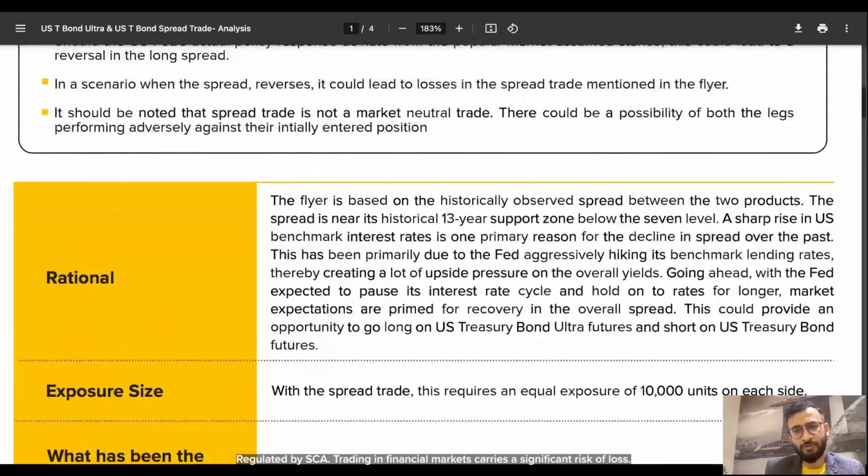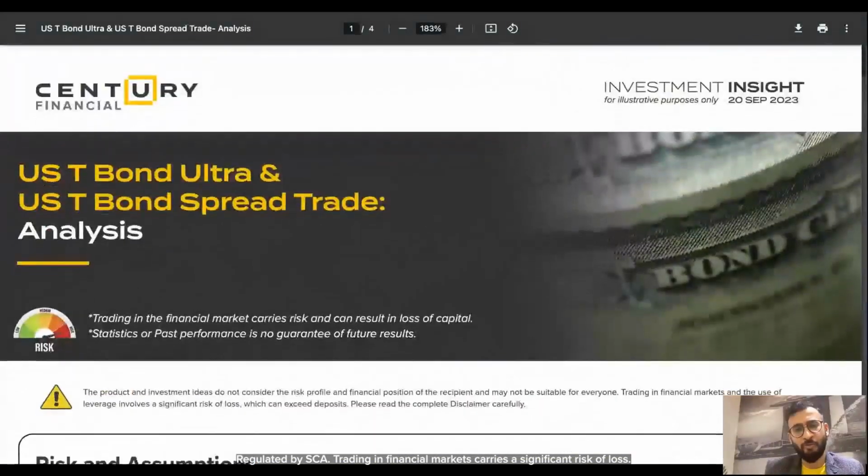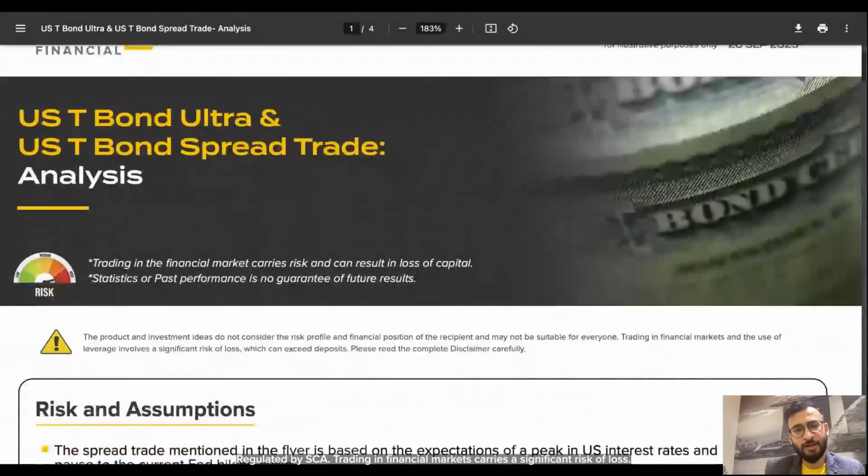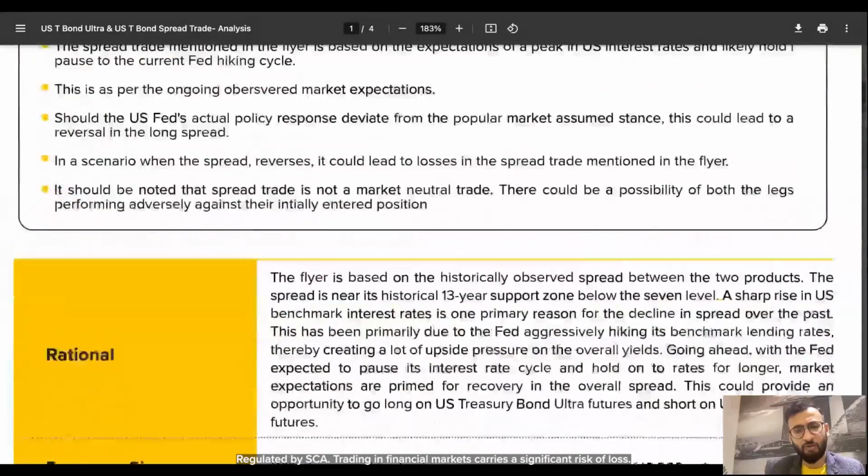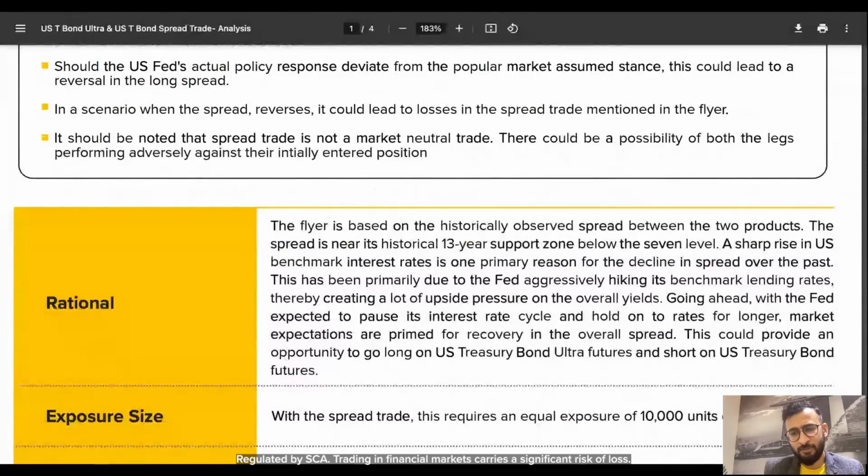Now, the last strategy which I'm showing you is a pair trade on bonds, a T bond ultra and T bond spread trade. So basically, T bond ultra is a futures contract, which you can see on online trading platforms. It tracks the 30-year bond, the longer dated bond, right?